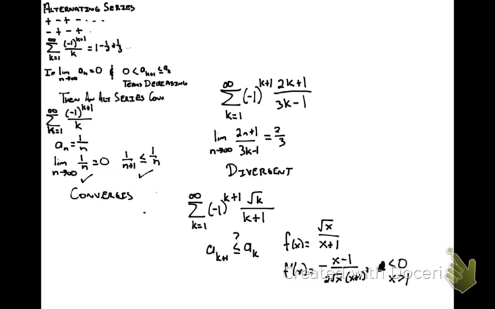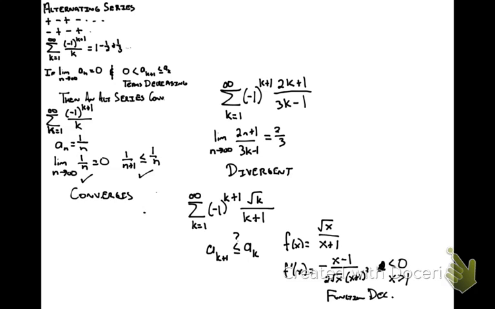Something plus 1 squared will always be positive, so the derivative is always negative. Well, since the derivative is negative for x greater than 1, then we know this function decreases in value. And since the function decreases in value, that means that the terms of the series are always going to be getting smaller.